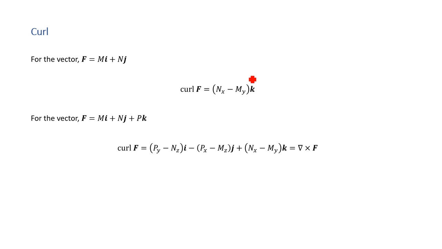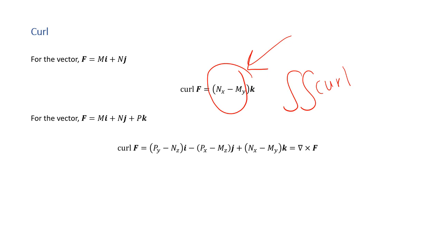One thing I'd like to point out, this Nx minus My is actually the quantity that we were integrating when we were using Green's theorem in that circulation form. We were actually integrating our curl for the circulation form of Green's theorem.